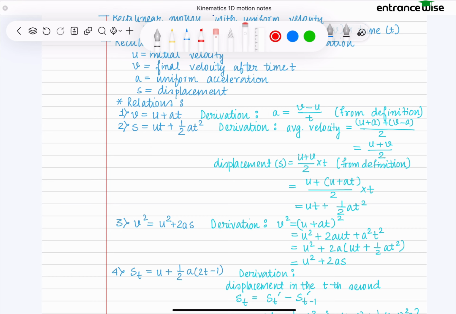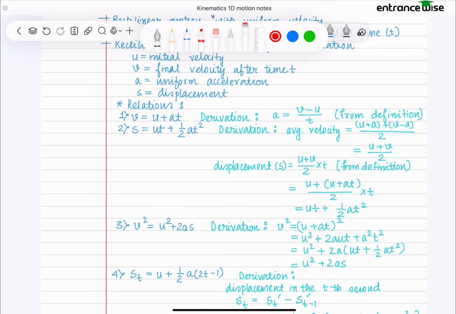So we can write S equal to U plus V by 2 into T. Again, we know that V equal to U plus AT. So S equal to U plus AT by 2 into T. And then we get S equal to UT plus half AT square.